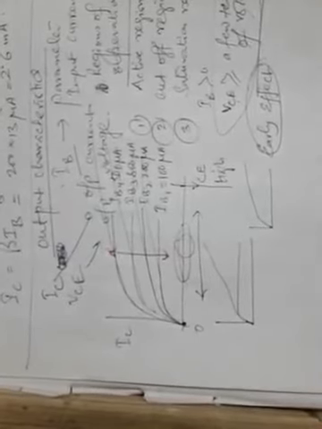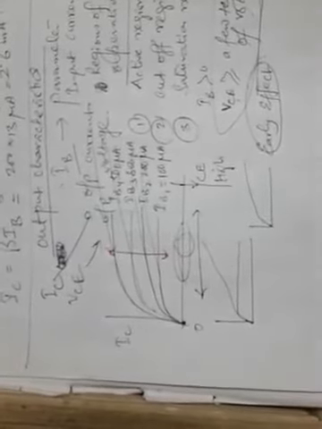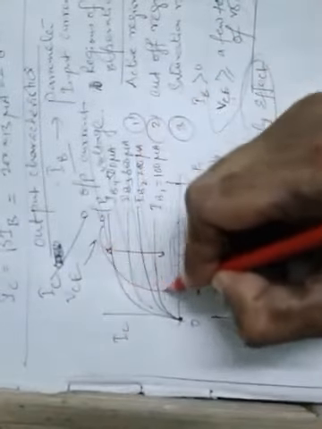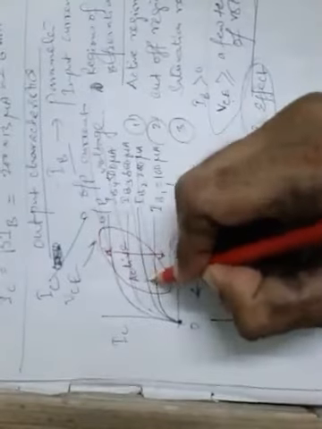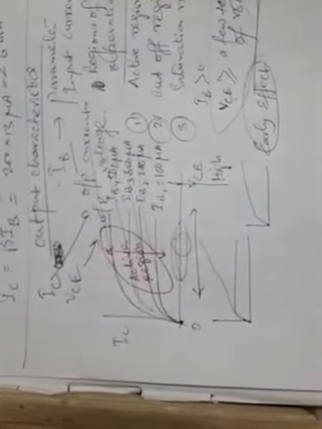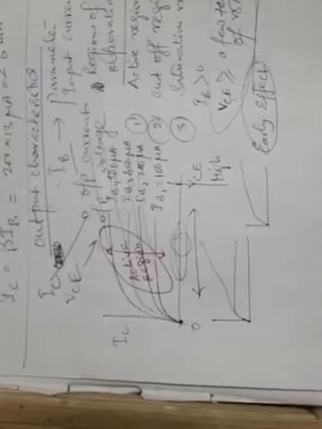Now the active region is marked by this area. Let us look at the cutoff region. In common emitter mode, the cutoff of collector current, that means IC approximately equal to 0, is not obtained simply by making base current 0.